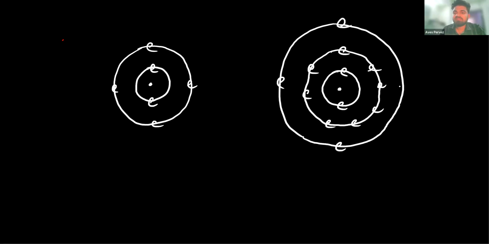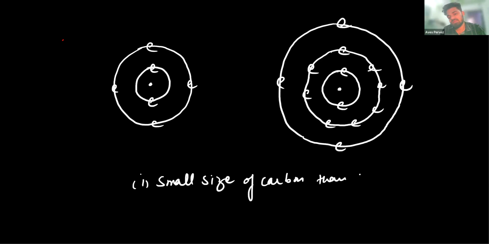The first reason is the small size of the carbon atom compared to silicon. How can you say that? If silicon is bigger in size and carbon is smaller in size, carbon is going to make the stronger bond, or the compound formed by carbon is more stable.